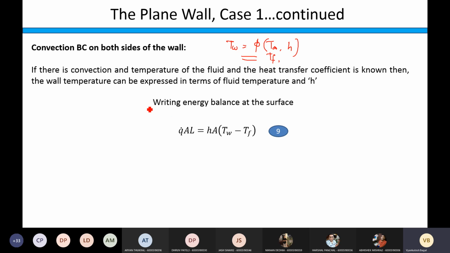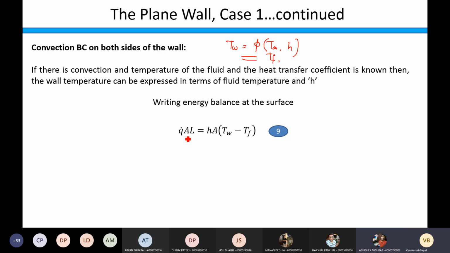To do that you have to use this energy balance equation. Writing the energy balance, what is this term q dot AL? q dot into AL is the volumetric heat generation rate multiplied by the volume.